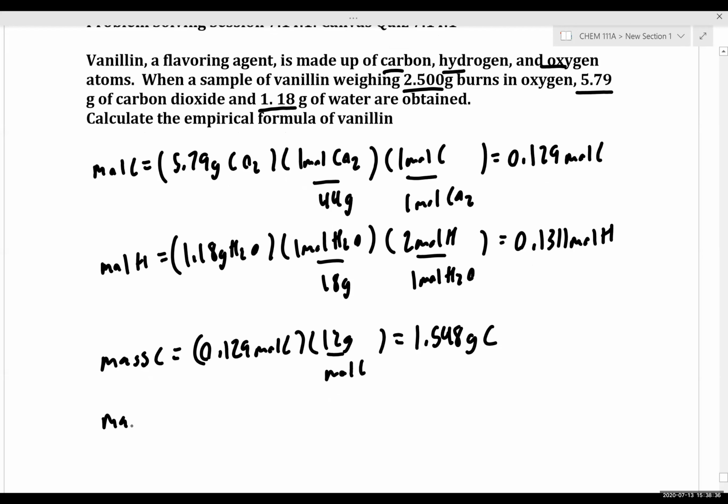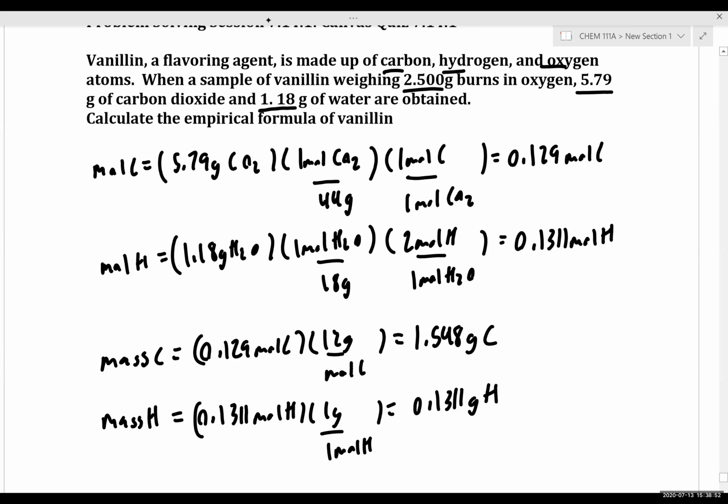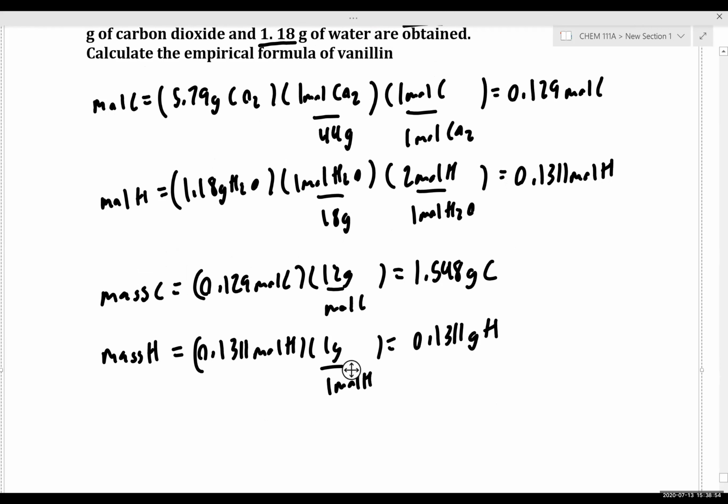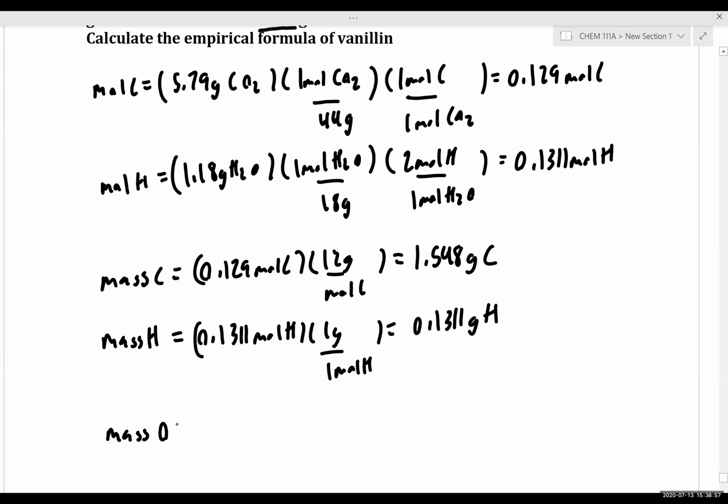For our mass of hydrogen, we have 0.1311 moles of hydrogen, and we have 1 gram per 1 mole of hydrogen. That gives us 0.1311 grams of hydrogen. Finally, to calculate the mass of oxygen, we have 2.500 grams minus 1.548 minus 0.1311.